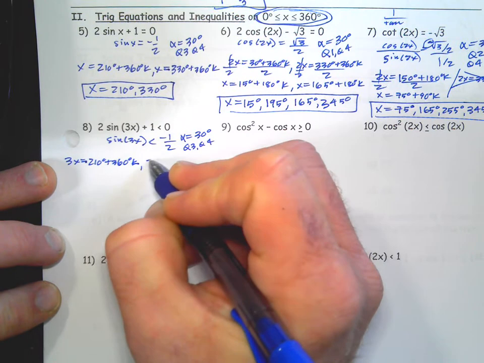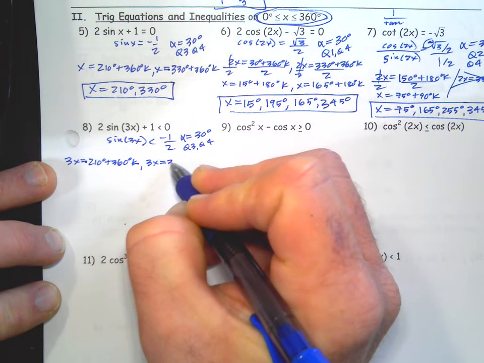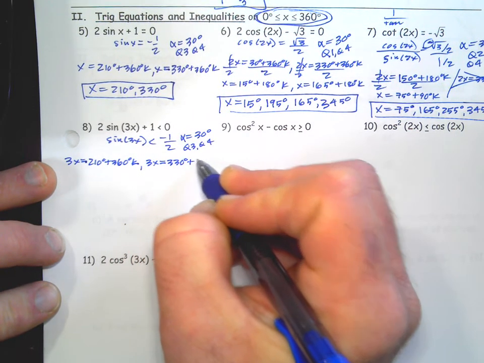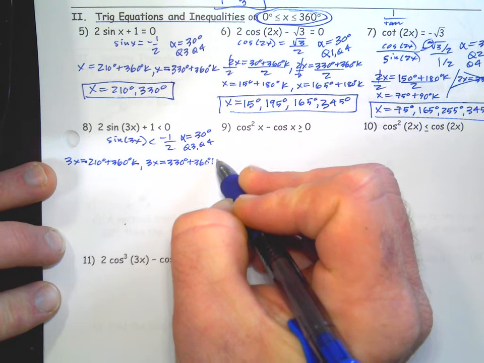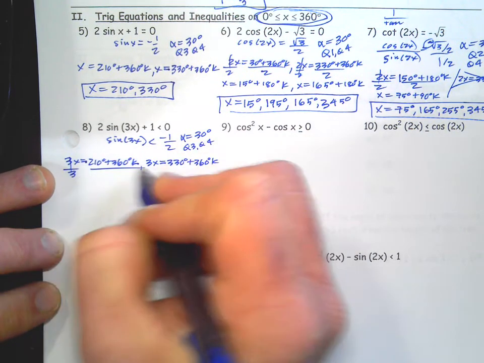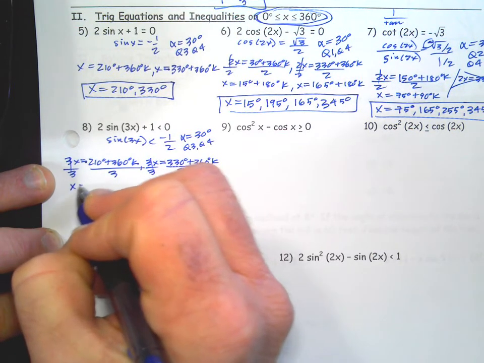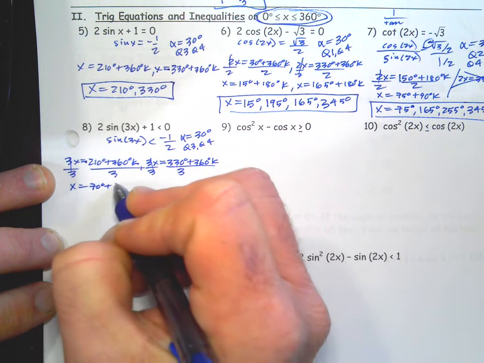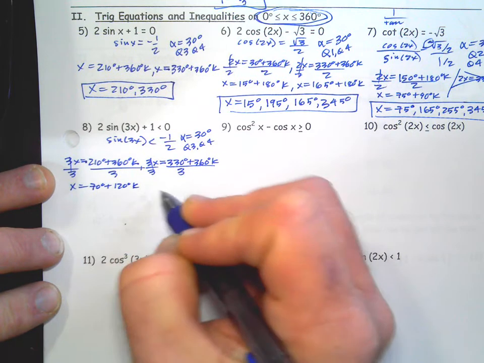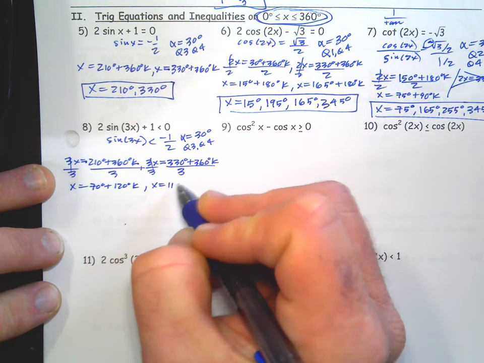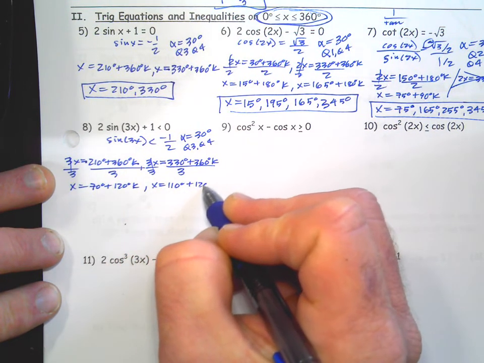And then quadrant 4 is going to be 330 plus 360k. Okay, divide by 3, divide by 3, divide by 3, divide by 3. x equals 70 degrees plus 120k. And x equals 110 degrees plus 120k.